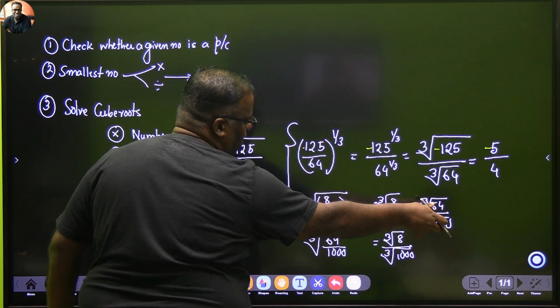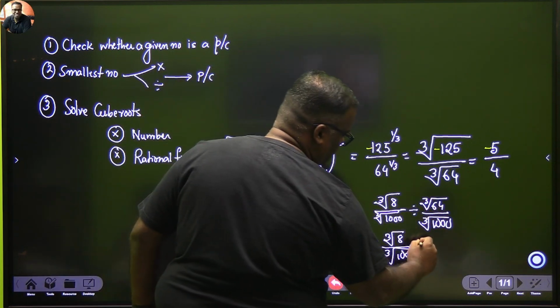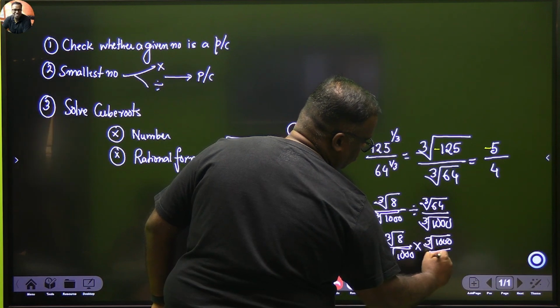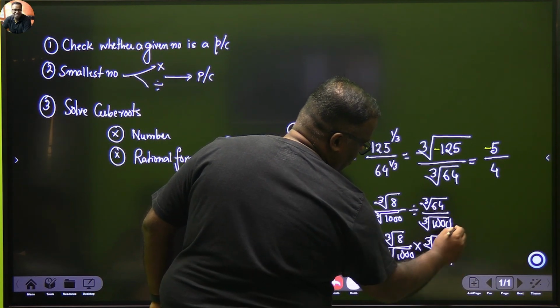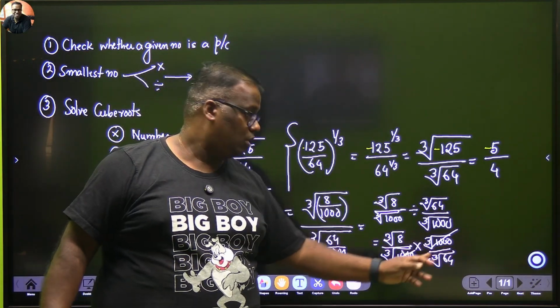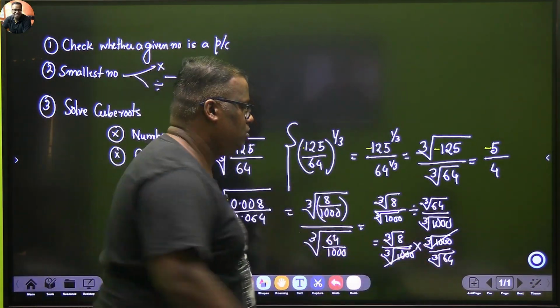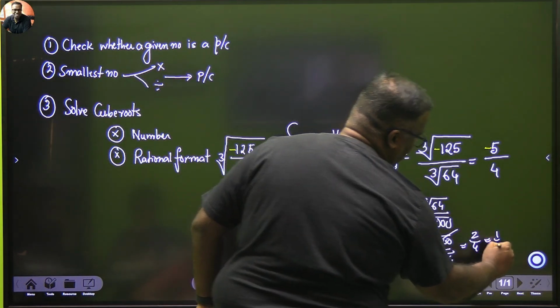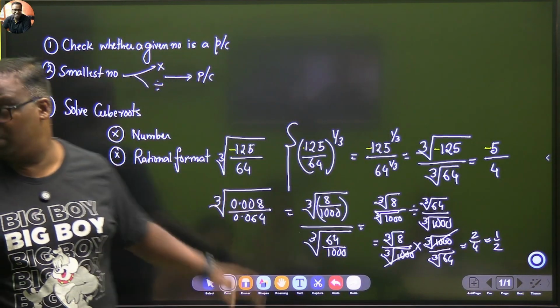Now rational number divide means somersault happens. So it becomes cube root of 1000 divided by cube root of 64. This one takes away this one. Cube root of 8 is how much? 2. Cube root of 64 is 4. So the answer comes how much? 2 upon 4, which is equal to half. So they are just trying to trick you.